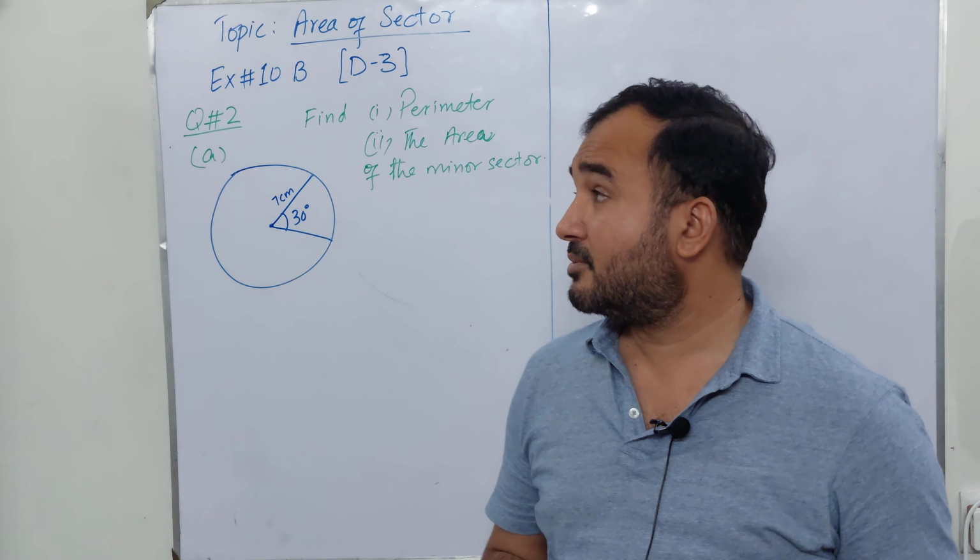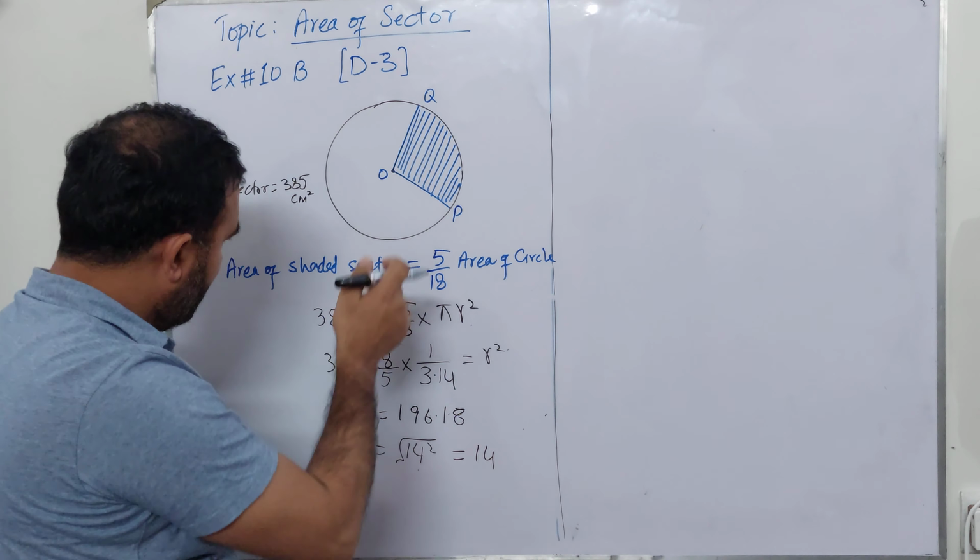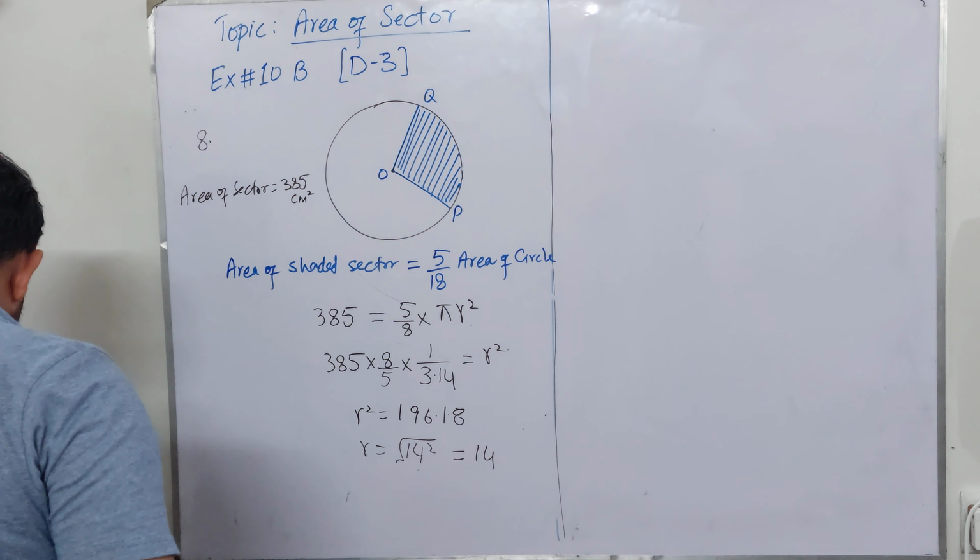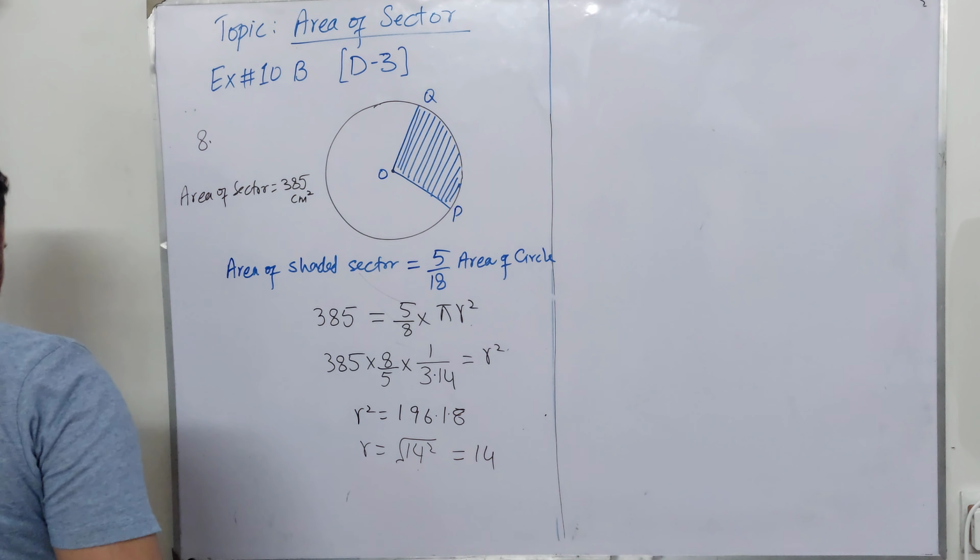So r square is equal to 196.18, right? And if we take the square root on both sides, it will be 14, right? So r will be 14. Since this is a length, it cannot be negative. So we found r, which is 14, and now we have to find the angle, this angle POQ.